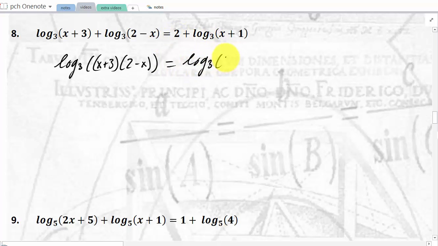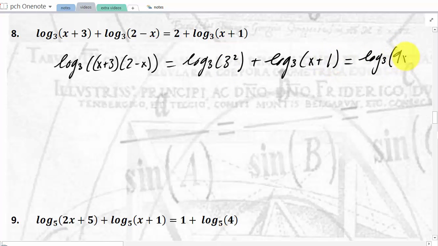Okay, let's put everything together here. We have log base 3 of x plus 3 times 2 minus x equals, okay, 2 is log base 3 of 3 squared plus log base 3 of x plus 1. So it goes together as log base 3 of 9 times x plus 1.